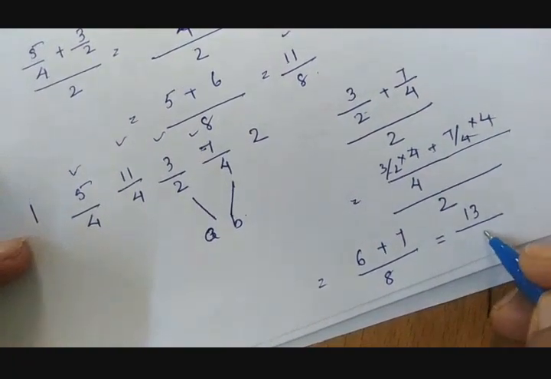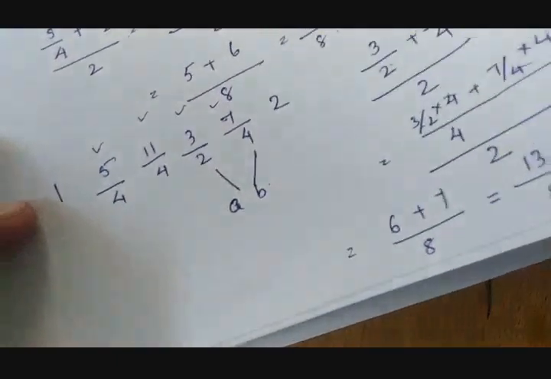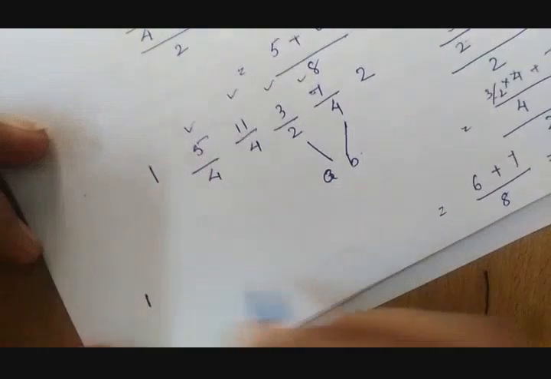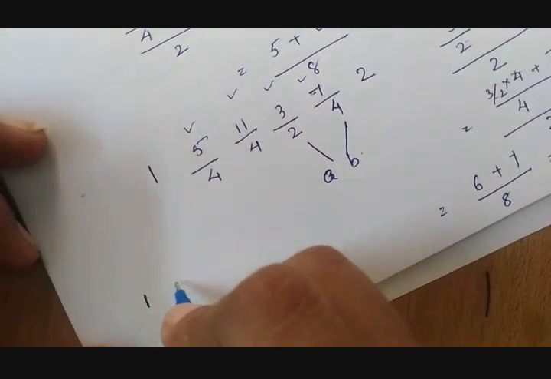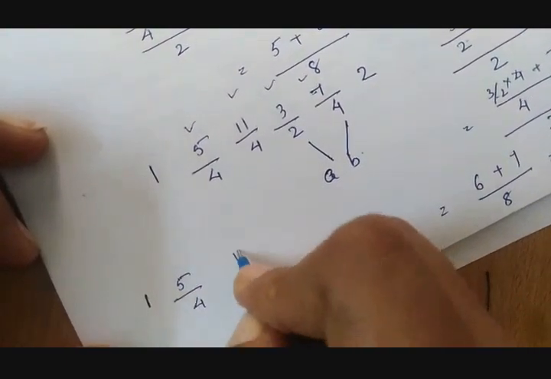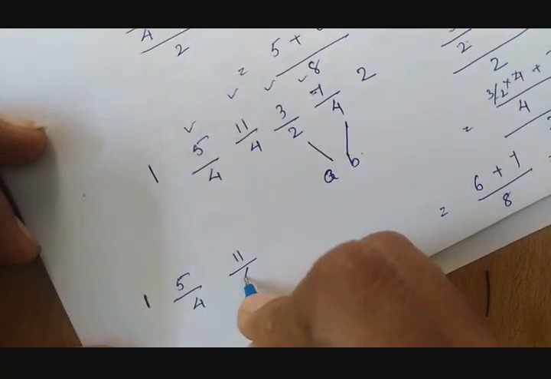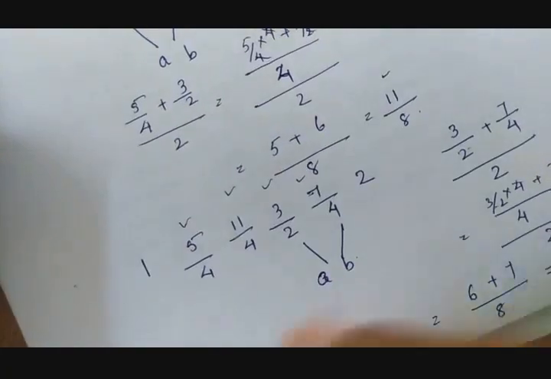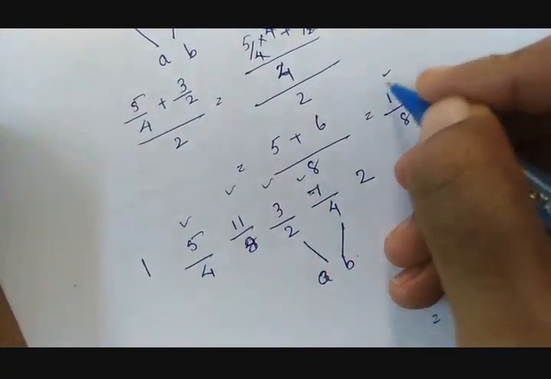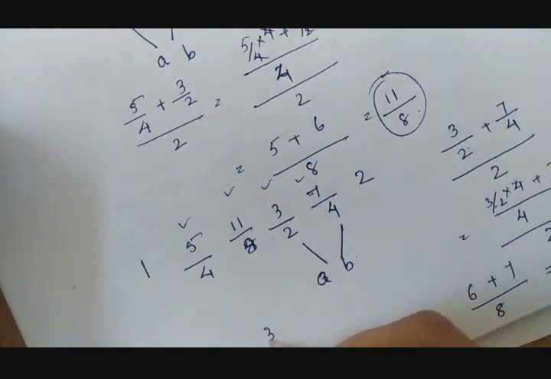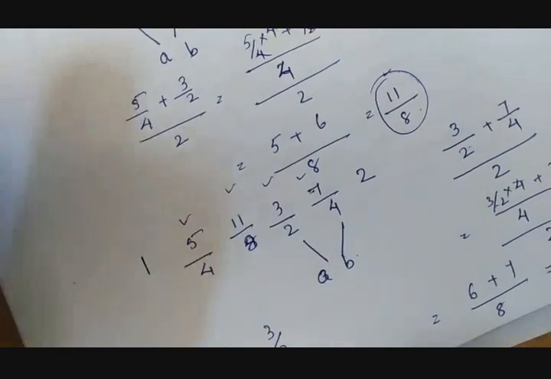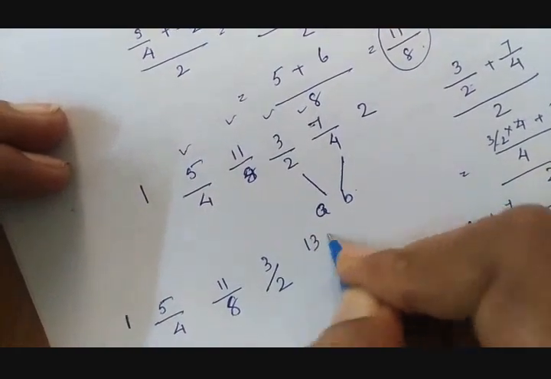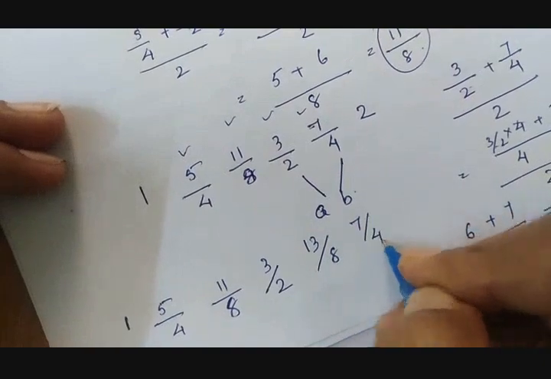divided by 8. So the intermediate values are the rational numbers between 1 and 2: 5 by 4, 11 by 8, then 3 by 2, then 13 by 8, 7 by 4 and 2.